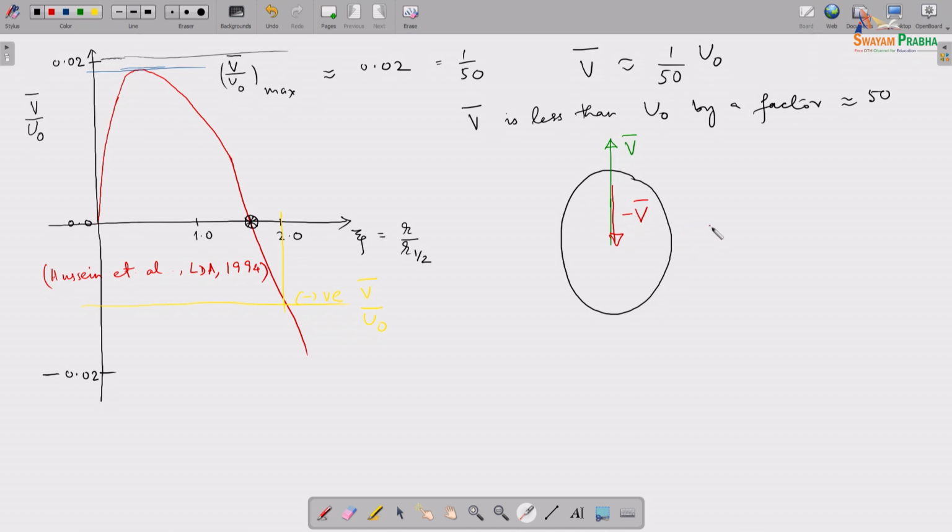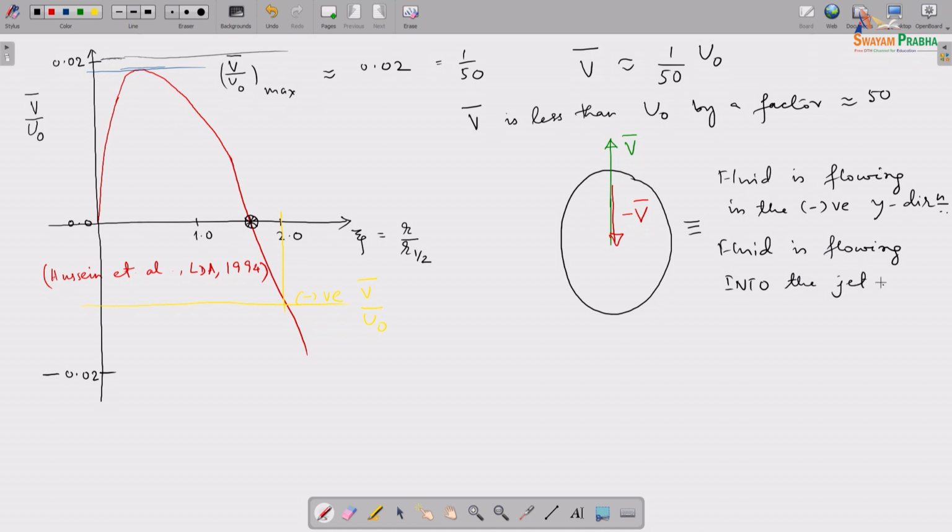So what this means is that fluid is flowing in the negative y direction, which means the fluid is flowing into the jet, and technically this is called entrainment: fluid is entrained.